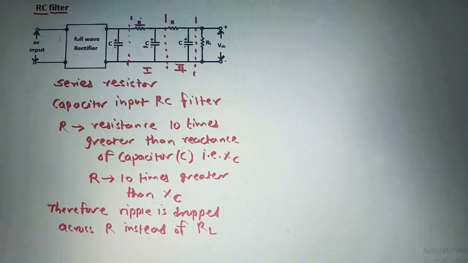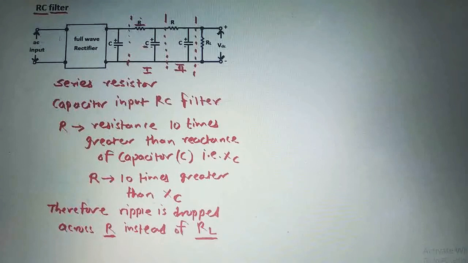So see here again, as the resistance of resistor R is 10 times greater than the capacitive reactance Xc, therefore the ripple is dropped across the resistor R instead of the load resistance RL.